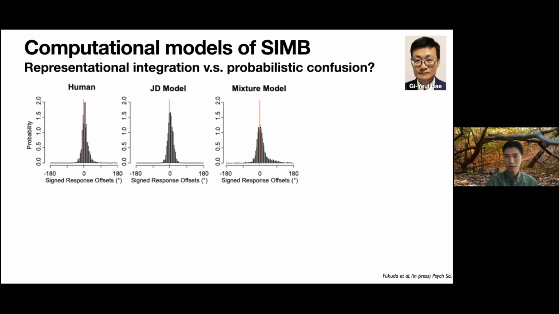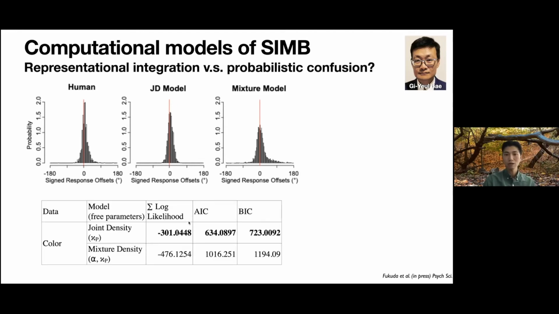The mean is right at the red line, and bias is introduced by a fatter tail in the direction of the probe. So, beyond just simply looking at the data subjectively, we also formally compared these two models, and what we found is a unanimous win of the joint density model across all the fit statistics.